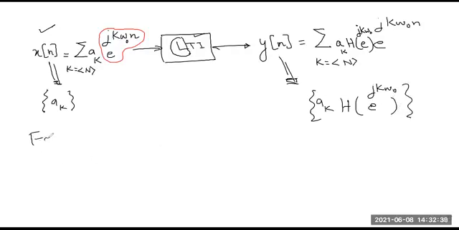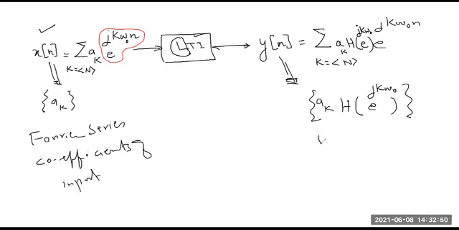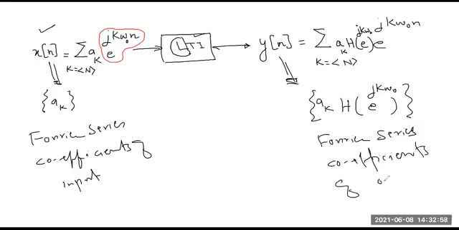So these are Fourier series coefficients of input, and these are Fourier series coefficients of output.